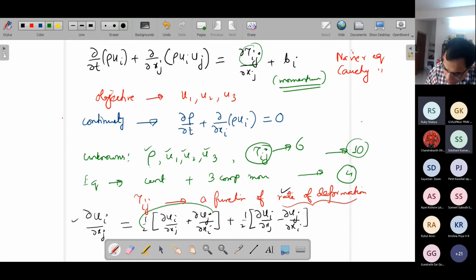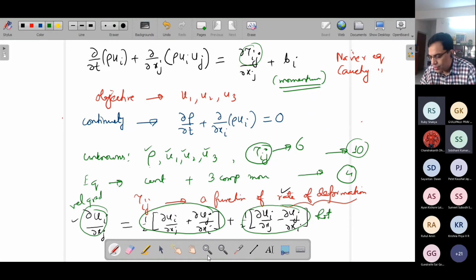So this is what is related to deformation, and this is just related to rotation. The general velocity gradient tensor, this is velocity gradient, this is not rate of deformation. Only a part of that is related to the rate of deformation, and that is this part which we call E ij, just a name.